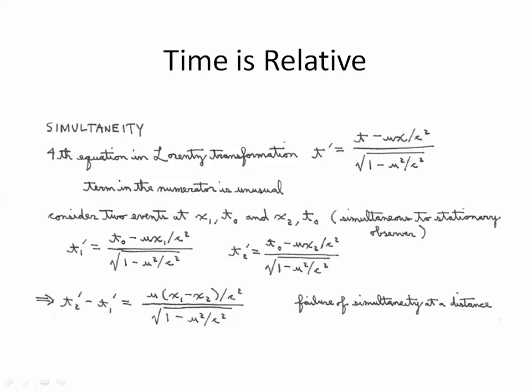We plug in the values for x1, t0, and x2 into the transformation to get t prime and get the results shown in the middle of this slide for t1 prime and t2 prime.